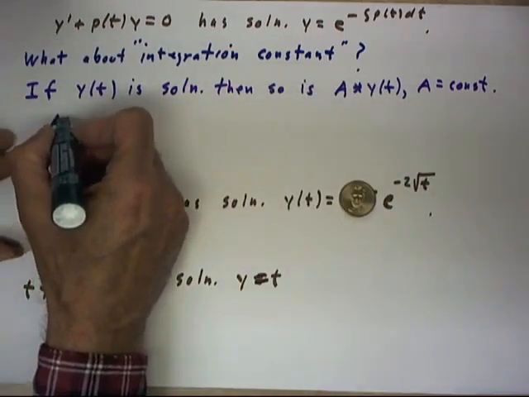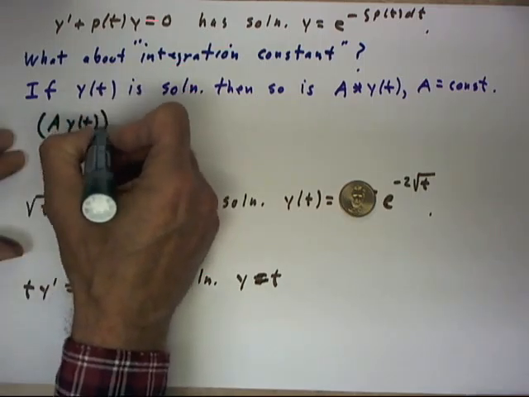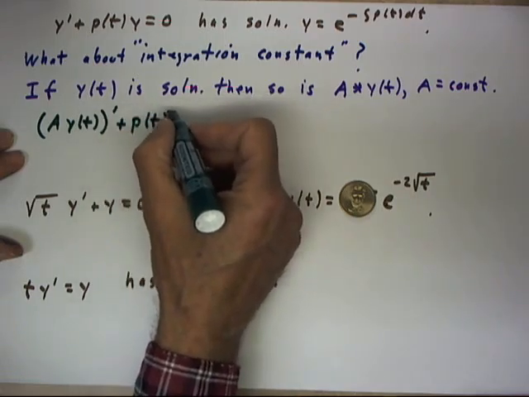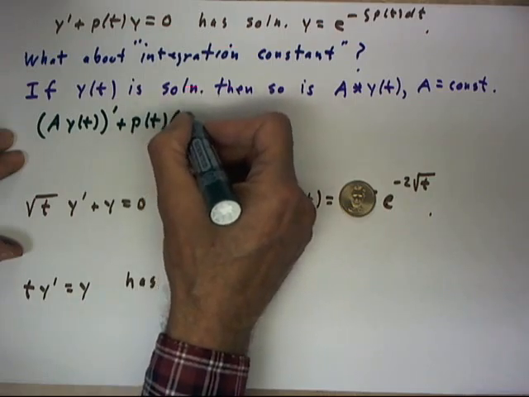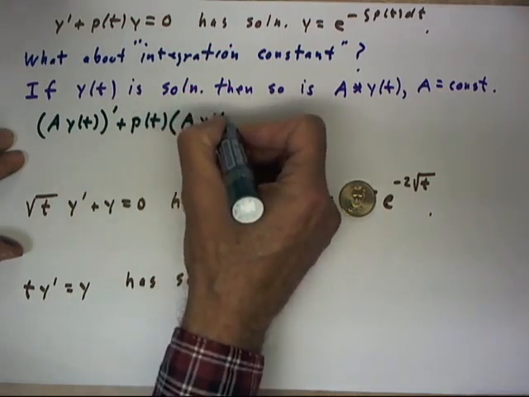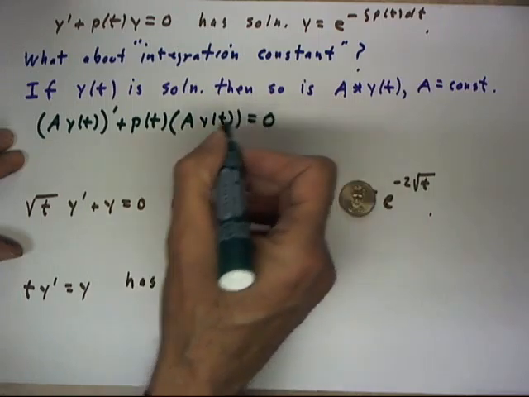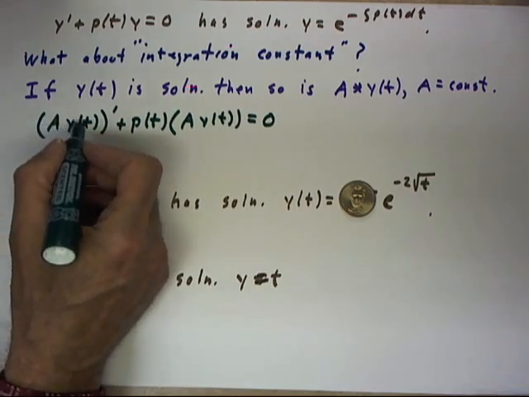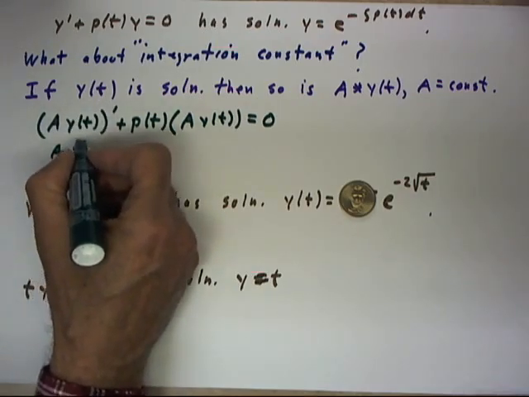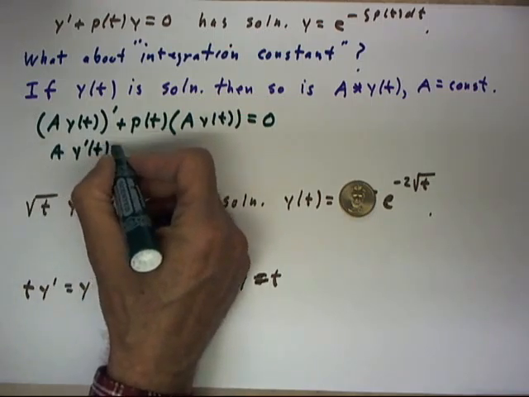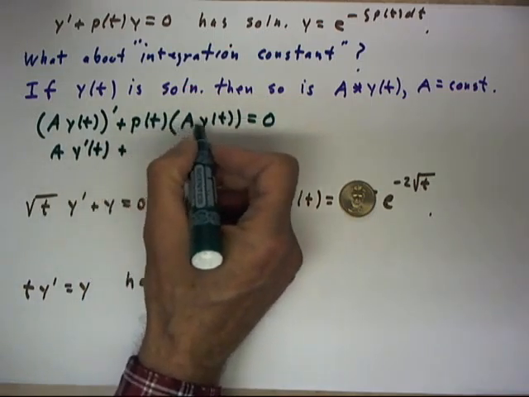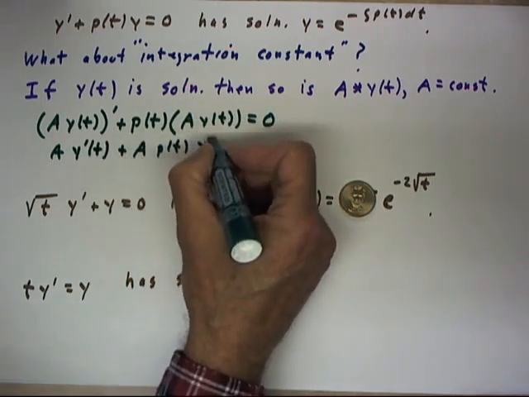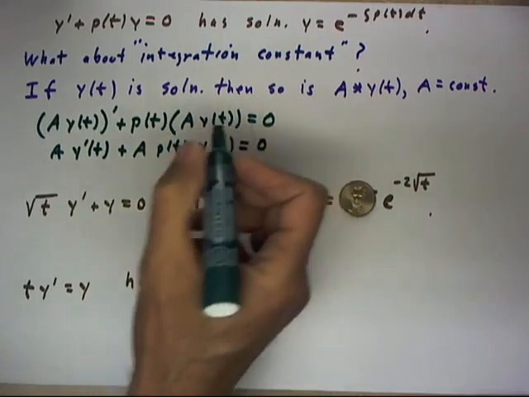So a y of t prime plus p of t times y, which would be p of t times a y of t, should then equal 0. Well, if we take the derivative of a y of t, we get a y prime of t, and if we rearrange this, we can get it into the form a times y prime plus p of t y of t equals 0.